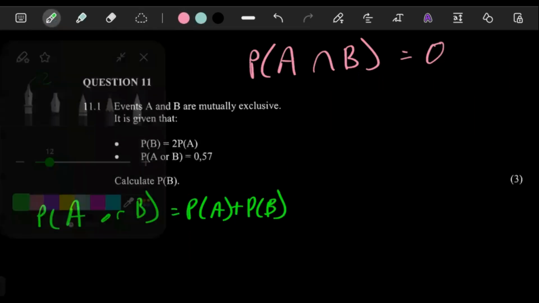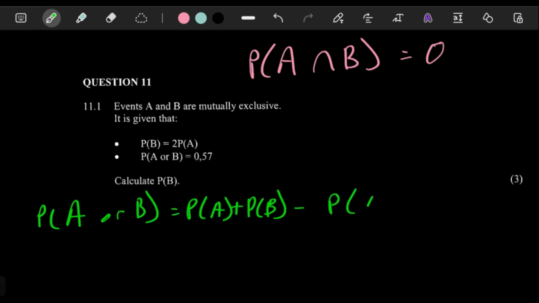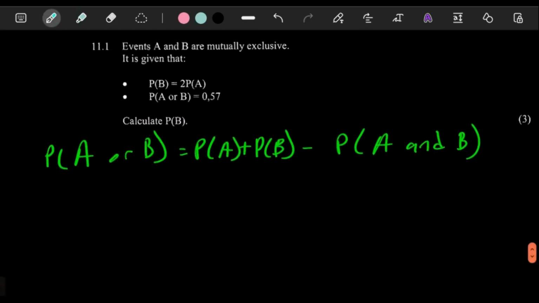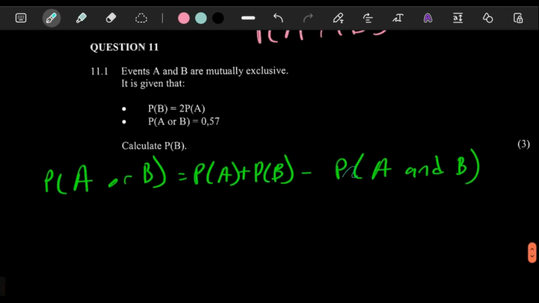It doesn't necessarily matter if it's independent events or dependent events. This is a law of probability. So we have the probability of A or B is 0.57.